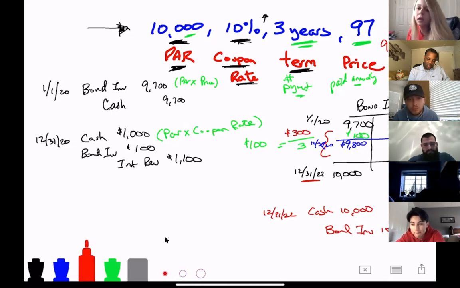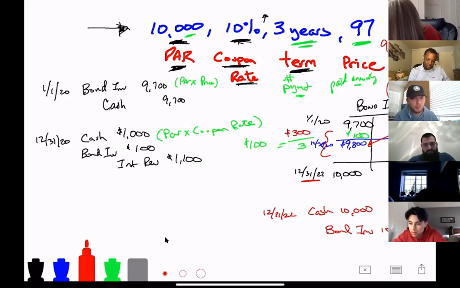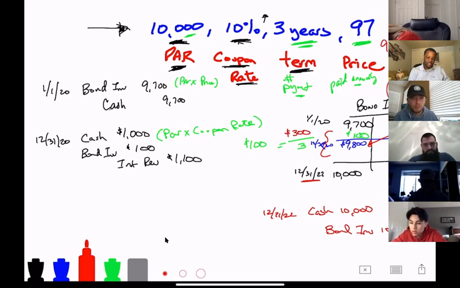This 9,800 is what is considered the amortized cost. Held to maturity investments are recorded at amortized costs.